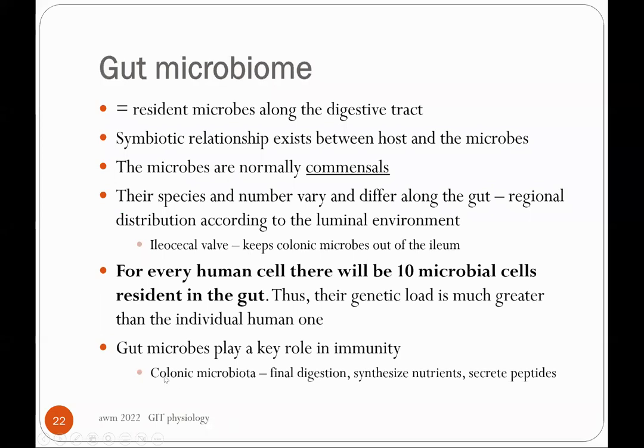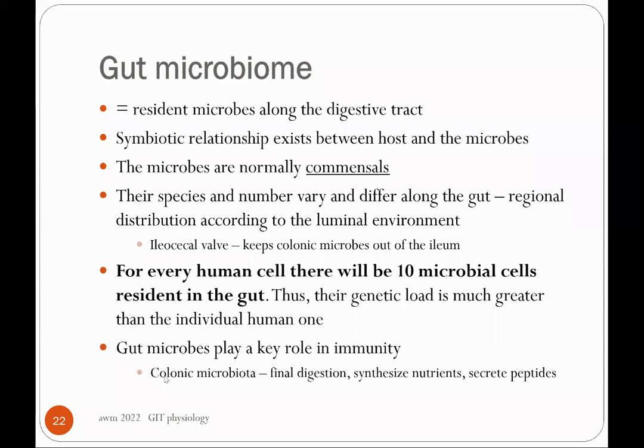Okay, and then finally, just a small note about the gut microbiome, which basically represents all the resident microbes along the digestive tract. So we have microbes in the mouth, in the pharynx, in the esophagus, in the stomach, all along the gut.